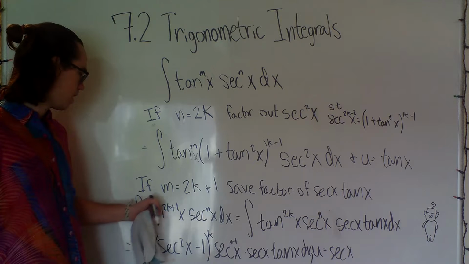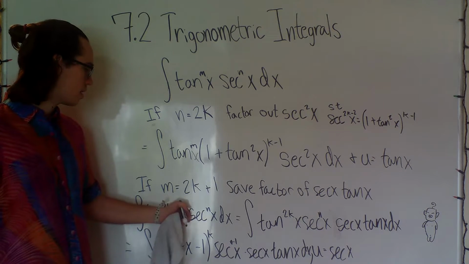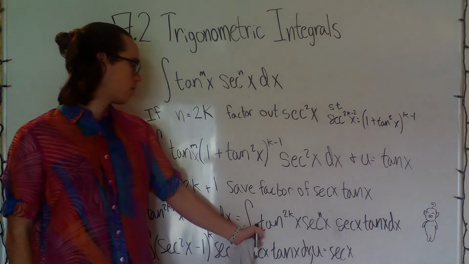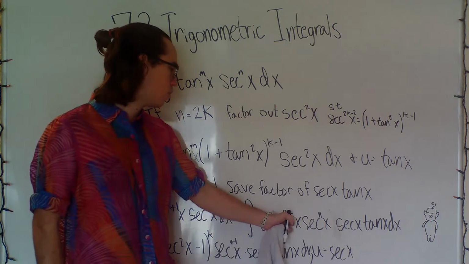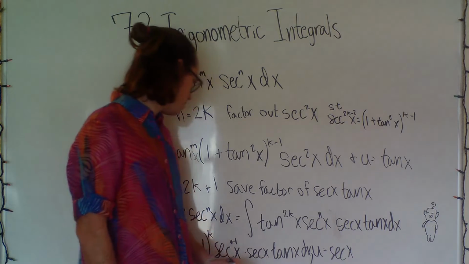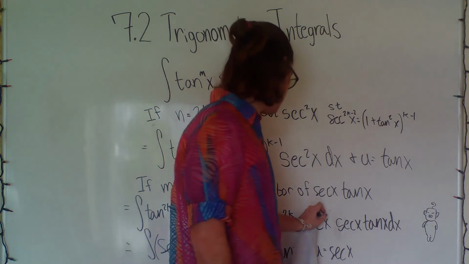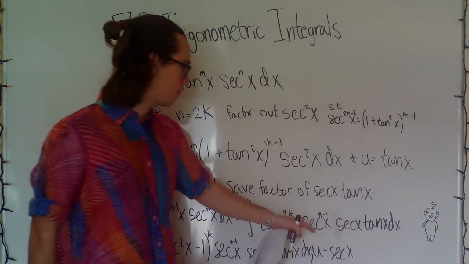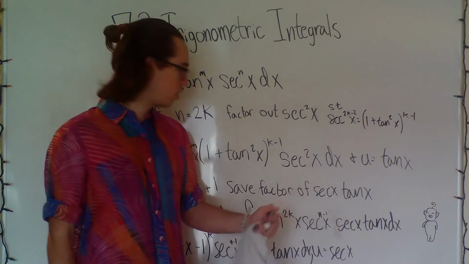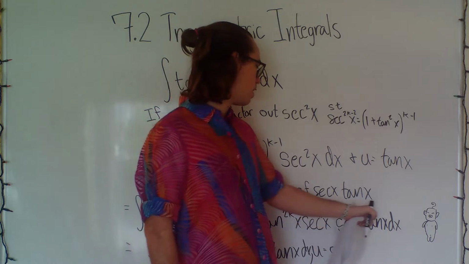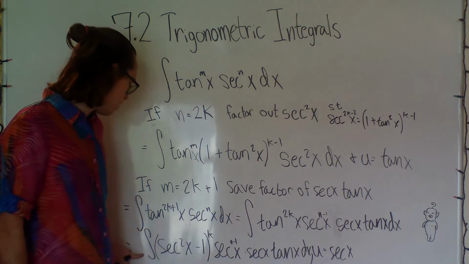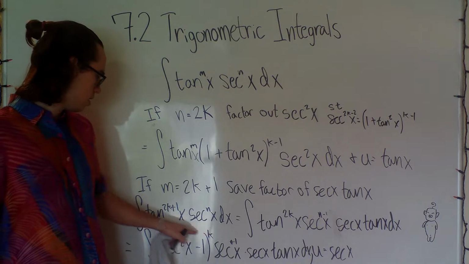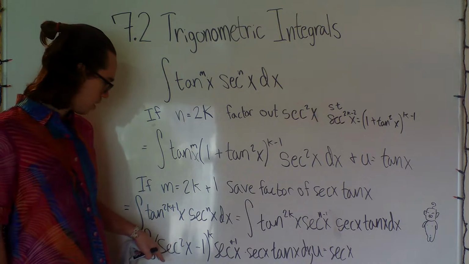Now it's the integral of tan to the 2k plus 1 x times secant to the n x dx, which is equal to the integral of tan to the 2kx times secant to the n minus 1 x, because we had to save a factor of secant, and then times secant x tan x dx. Well, this is now equal to the integral of secant squared x minus 1 to the k, because that's what tan turns into.